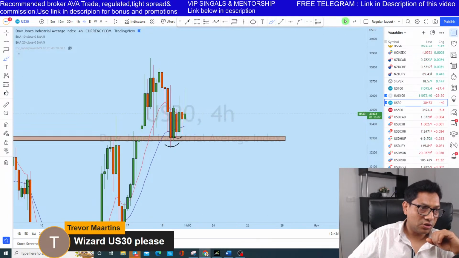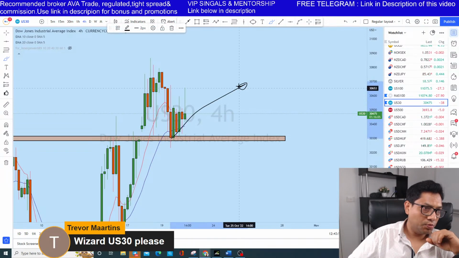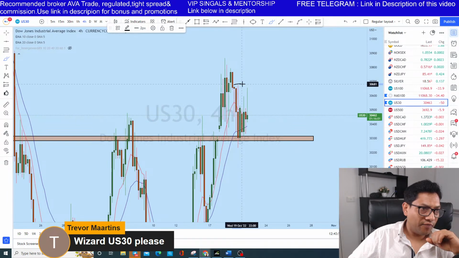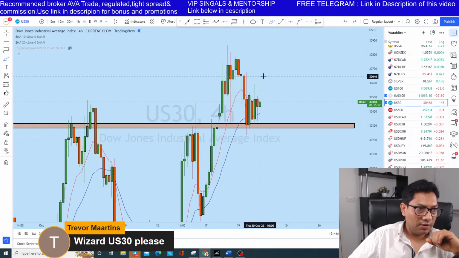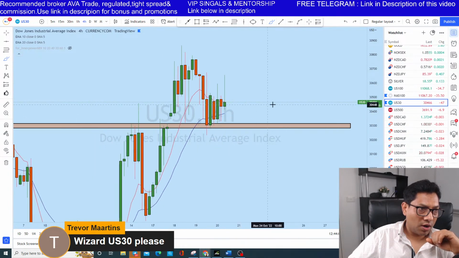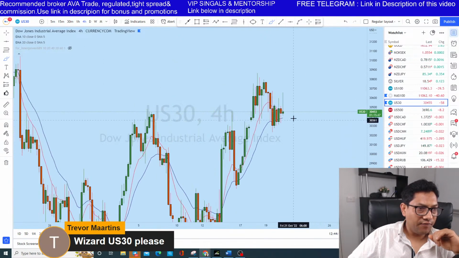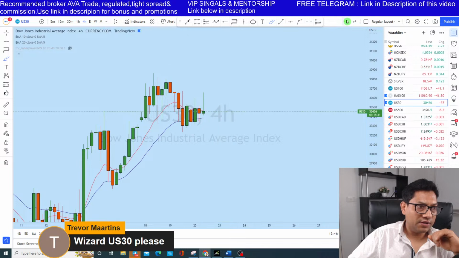So locally it is showing a bullish move, but at the same time, if you look at the top, there is one false breakout that created a lower high, still not closed but created a lower high. It's a rejection. Let's see the progression of this session. If we see that US30 has completely broken down, then we could say that it's bearish.